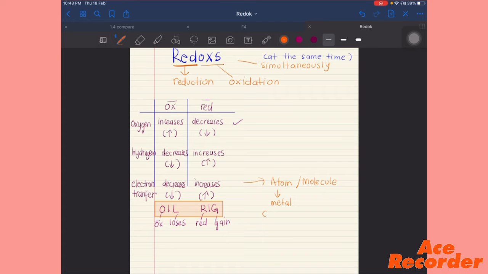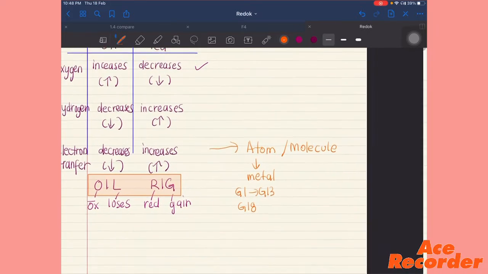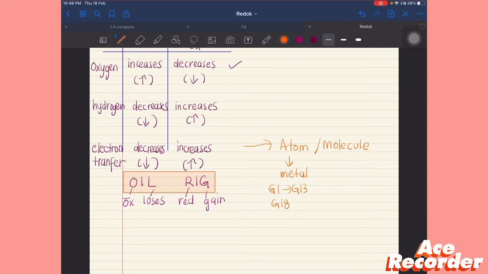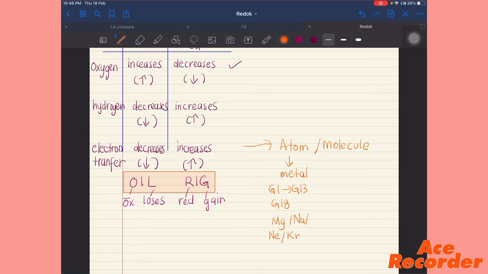Metal is normally group 1 until group 13, and group 18, halogen. So all of these are atoms. So let's say magnesium, you just write magnesium. Sodium, you just write Na. Group 18, neon, I just write neon. Krypton, I just write krypton. So no change, no charges, just write the symbol itself.